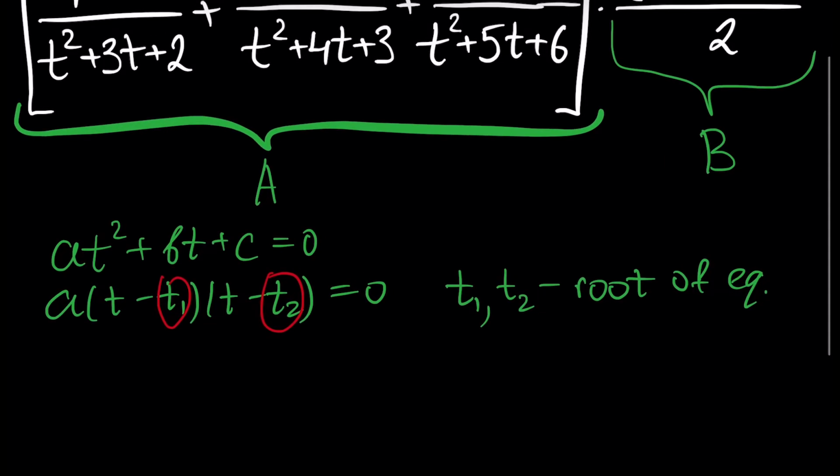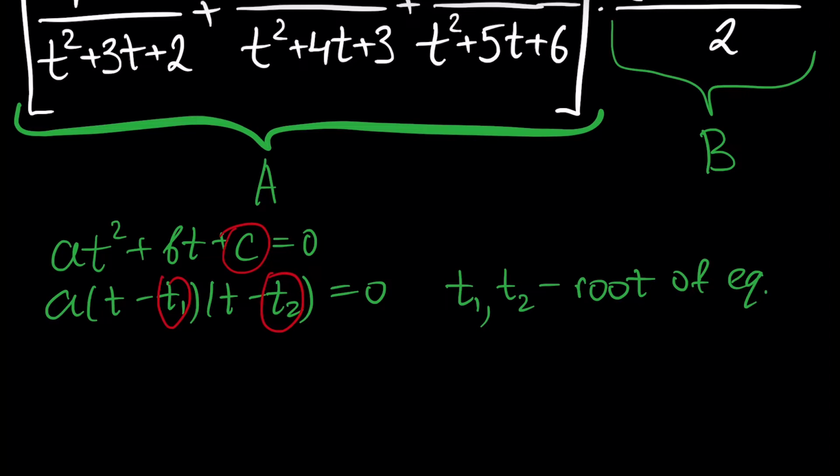To find these roots we have several results. The most important result is the theorem of Bézout. It follows from Bézout's theorem that these two roots, t1 and t2, divide our free member c.